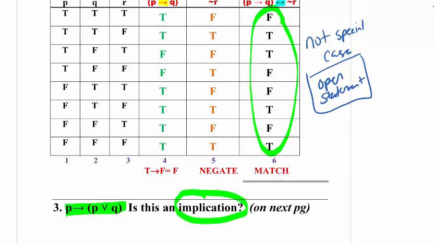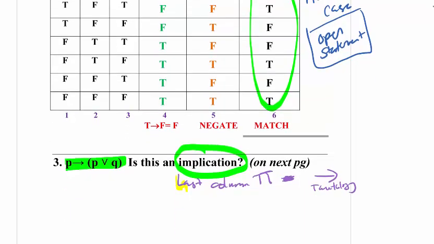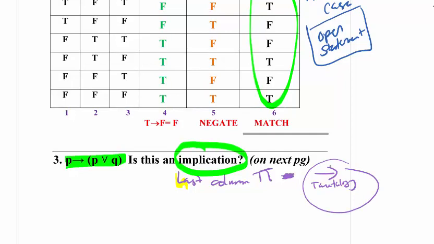You're looking at the last column of your truth table, and it has to be an if-then, and it has to be a tautology, which means they all have to be true. So we are looking at the last column of my truth table, and we're looking to see if my last statement is that if-then, and it's a tautology, which means all truths.